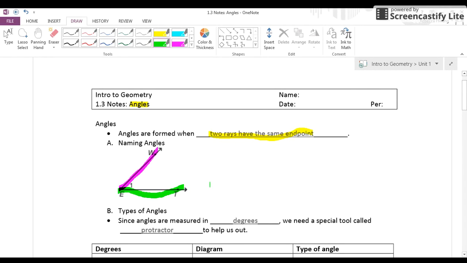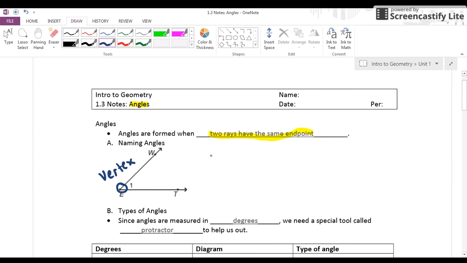Now, how do we name an angle? Well, there's something very, very important in an angle, and that is that turning point. So that point where the rays meet, right? That intersection point. This is what we call the vertex. The vertex is really crucial in how we name an angle.